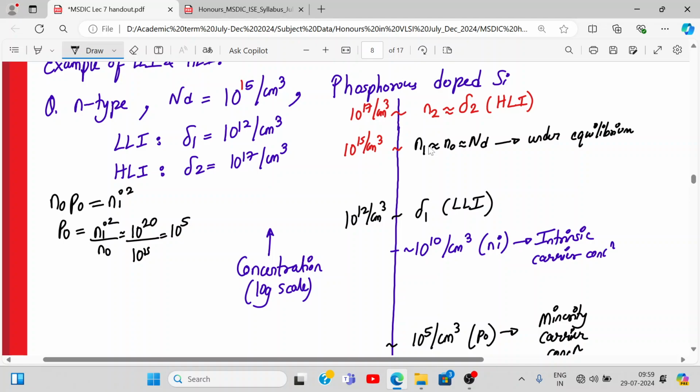N1 is under low level injection, right? This is minority carriers, and here minority carriers are 10 raised to 5. Now we apply low level injection, and the concentration of low level injection is 10 raised to 12. So what will P1 be, 10 raised to 5 or 10 raised to 12? 10 raised to 12. You are injecting excess carriers. The minority charge carrier under equilibrium is 10 raised to 5. When you inject 10 raised to 12, it becomes 10 raised to 12. So this is actually equal to P1. Got it? So minority carrier concentration is disturbed here.